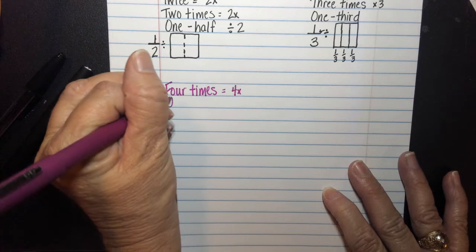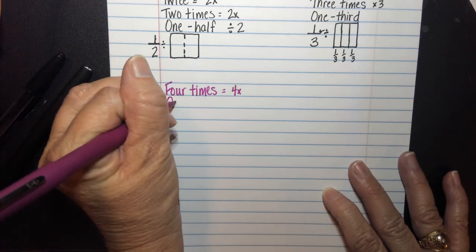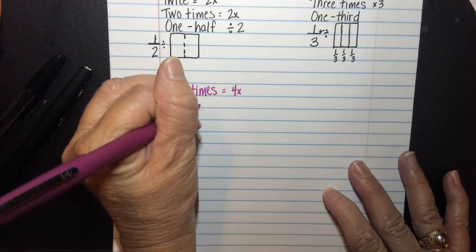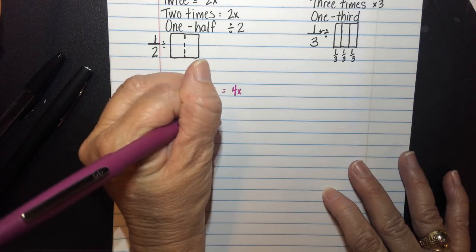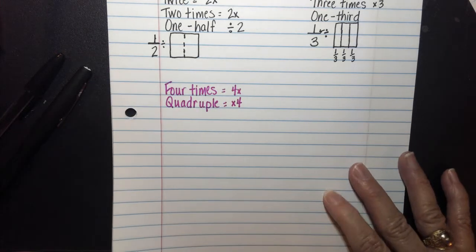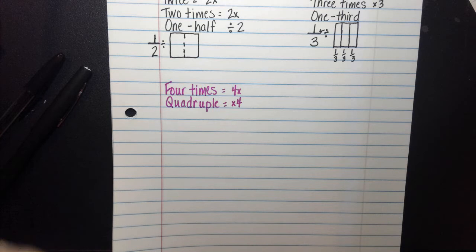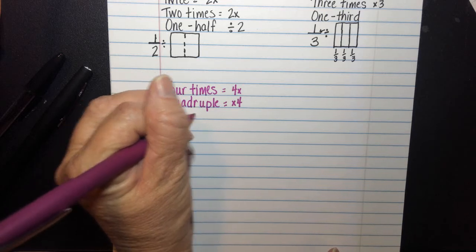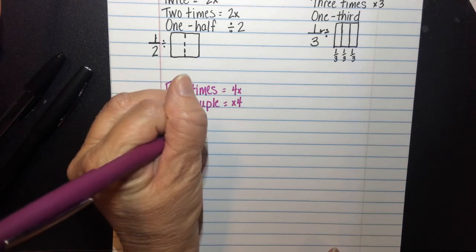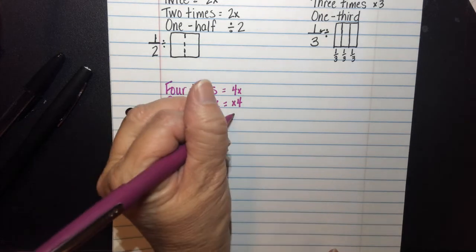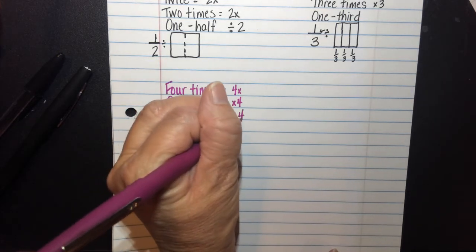Sometimes we're going to see the word quadruple, and that also means 4 times the amount. And then if we think about the word 1/4, that would be our inverse action, where we're dividing by 4.